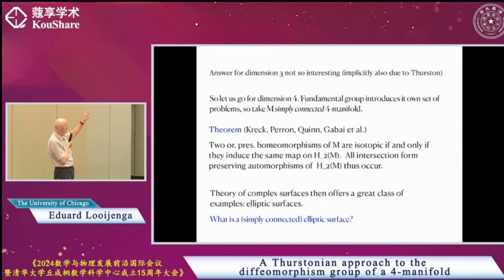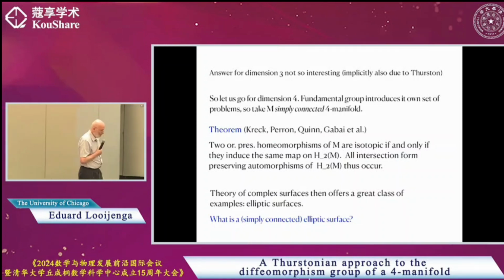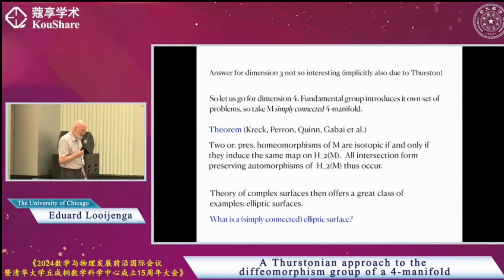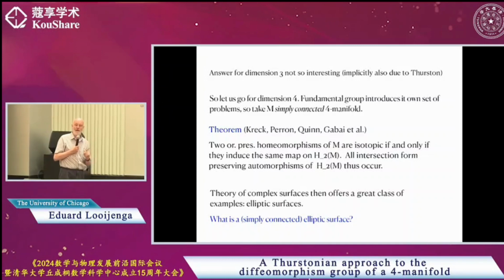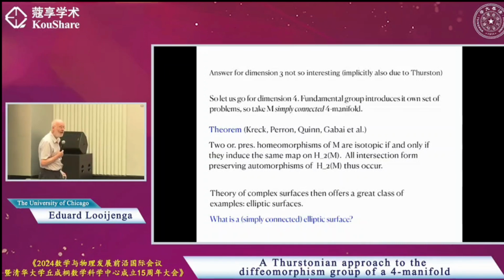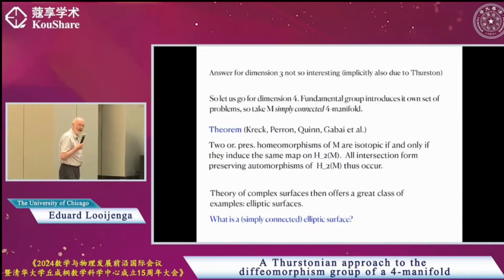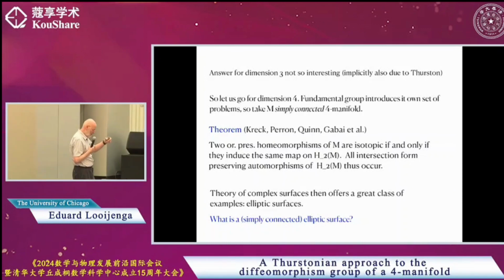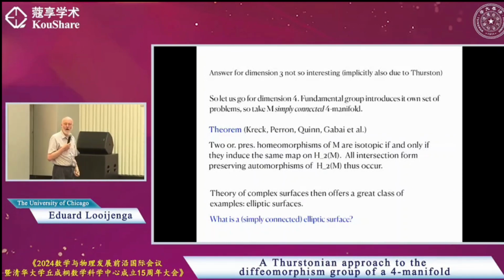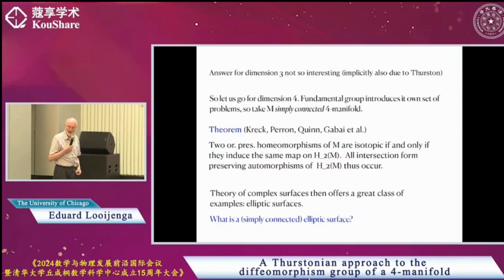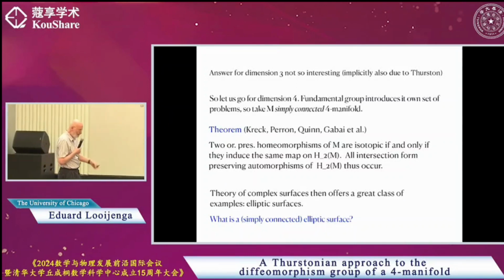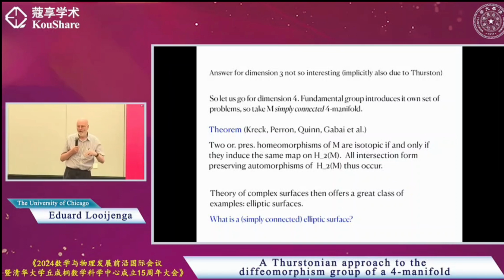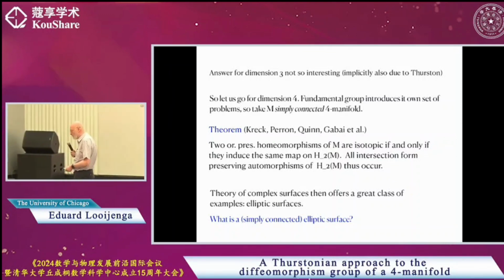It basically says that the isotopy classes, but now the topological isotopy classes of homeomorphisms, so this is not the statement in the differentiable category, are basically given by the orthogonal group, by the group of isometries of the second homology group. If you have a simply connected four-manifold, the second homology group is free abelian, but it comes with an intersection pairing.